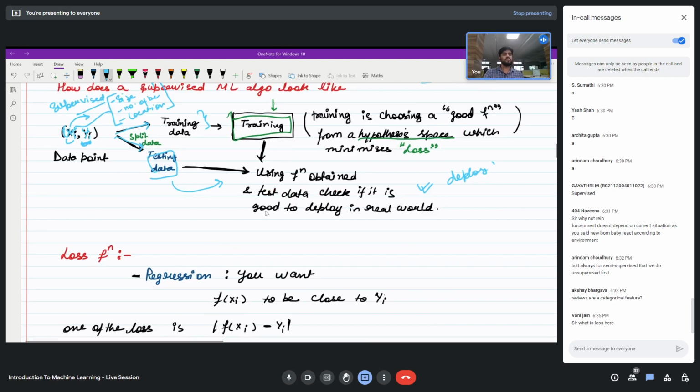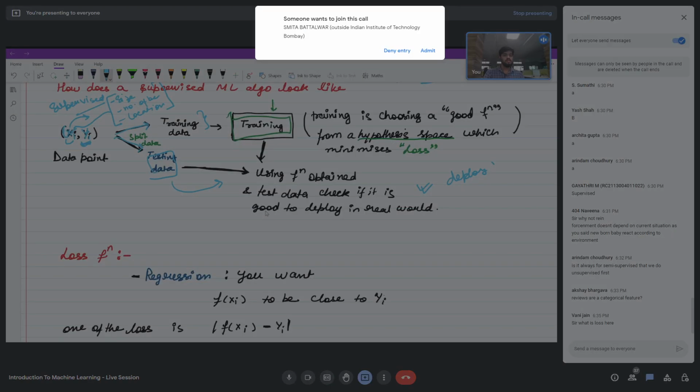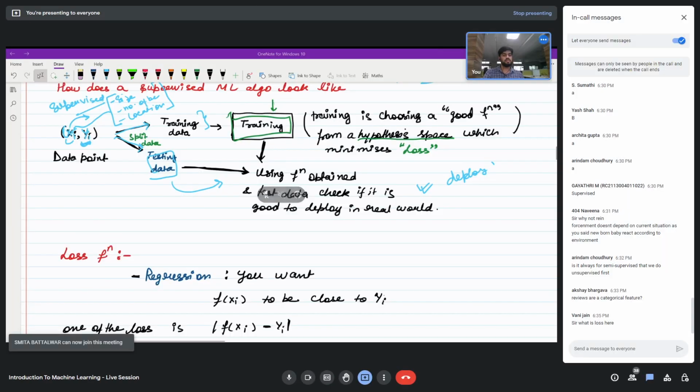Let me take the example of a self-driving car again. Let's say you trained a self-driving car, and it was doing very well when you were training it in the computer, but in the real world it crashed. You don't want that, right? So you want to test it on some data that it has not seen before, some situation that it has not seen before.